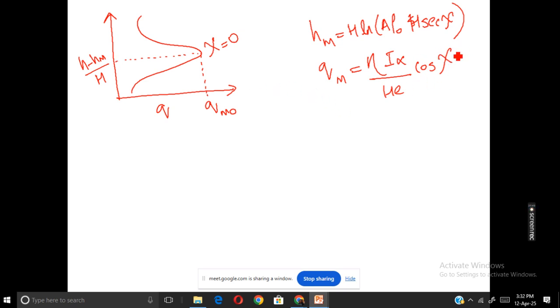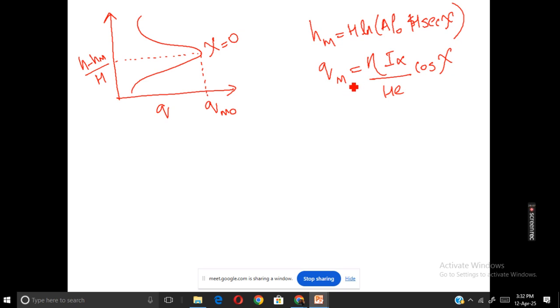Cos chi, from 0, suppose we are increasing to 30 degrees, the value is around 0.86. So from 1 it is decreasing to about 0.8.